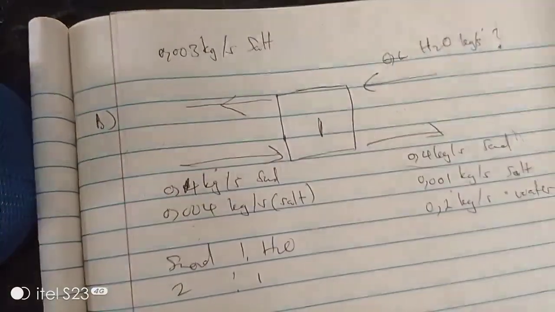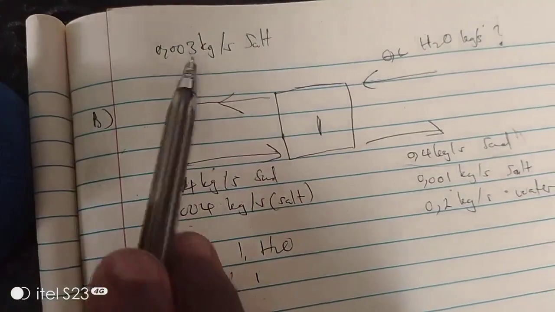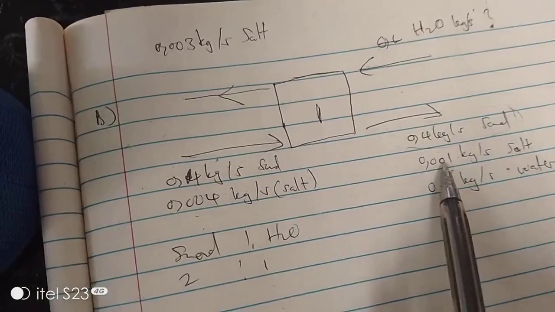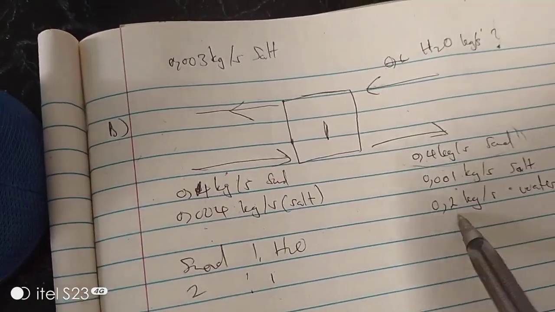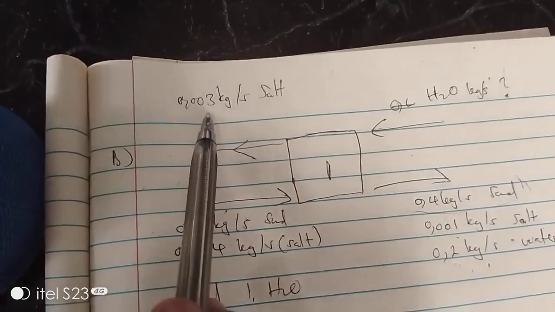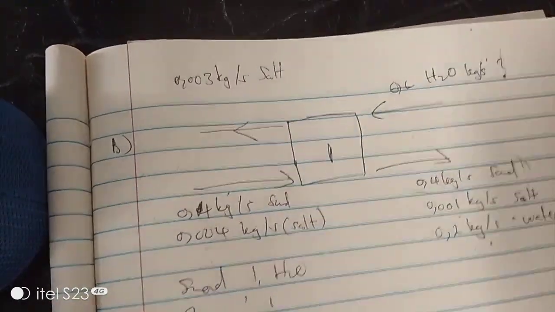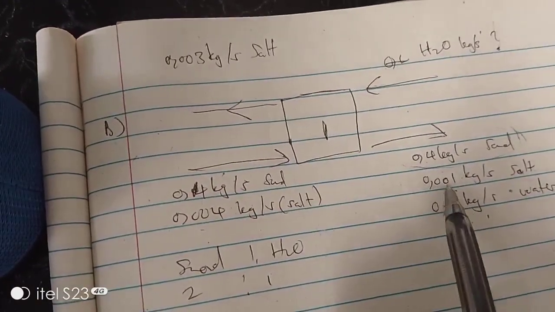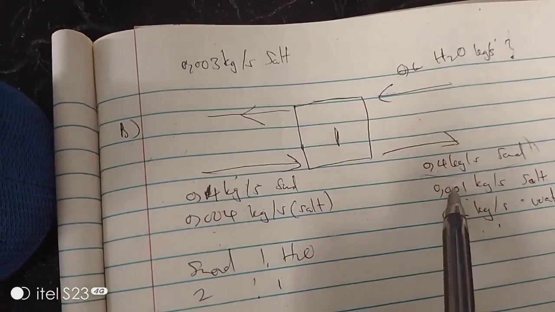We've got 0.003. But because we know there's perfect mixing, the water amount should be, let's say until here we have 0.001 kgs of salt, which goes with 2 times 0.02 kgs of water. Then the ratio of salt and water should be equal here, because there's perfect mixing. The solution was thoroughly mixed. So if 0.001 goes with this, here we've got 3 times this amount, meaning we also have to have 3 times the amount of water.